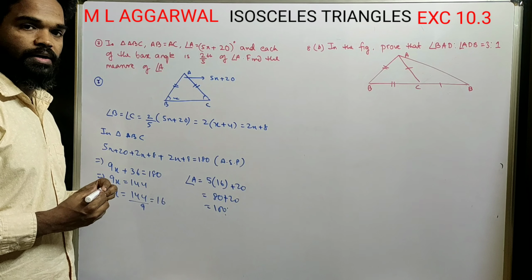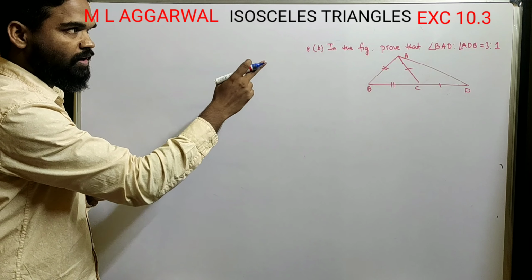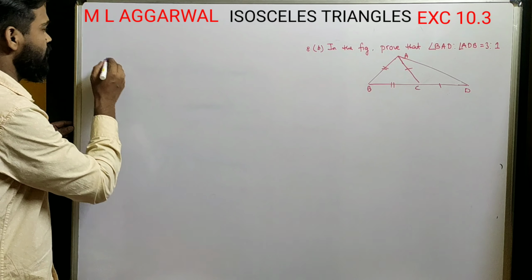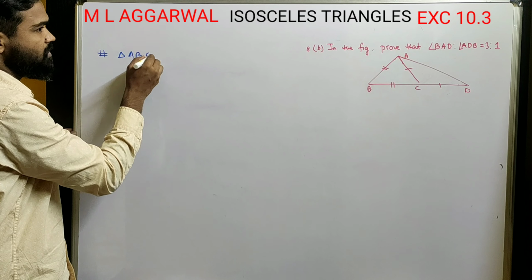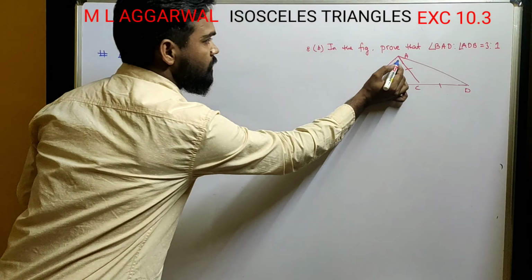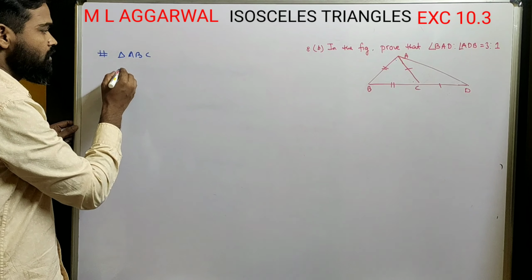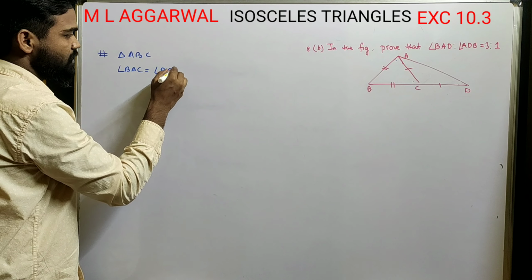Done. Now let us look at sum number 8b. 8 part B says, in the figure prove that angle BAD to ADB is 3:1. Very interesting. First of all, look at triangle ABC. Can I say this angle and this angle are equal because they are opposite to equal sides? So angle BAC is equal to angle BCA.